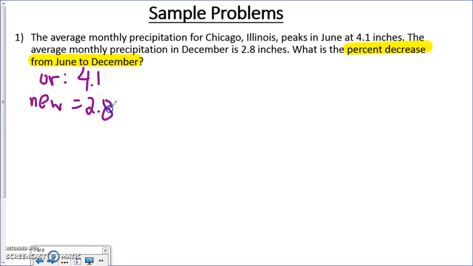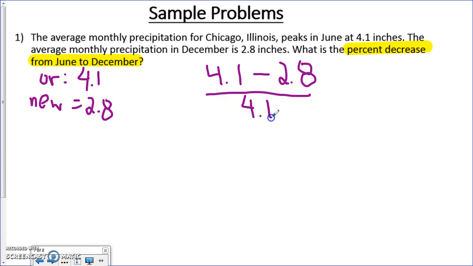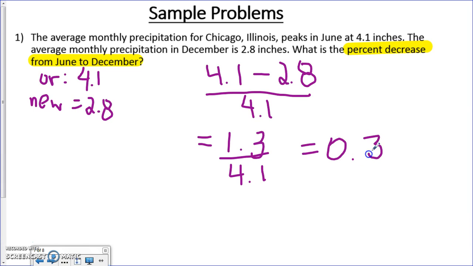Now since it's a decrease, we're going to take the original, subtract the new from it, and divide that by the original. So 4.1 minus 2.8 is 1.3, and 1.3 divided by 4.1 is equal to 0.317.